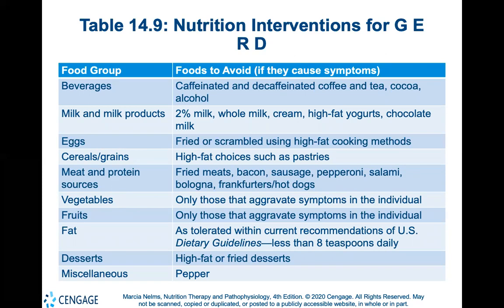Meat and protein sources: fried meats, bacon, sausage, pepperoni, salami, bologna, hot dogs. Vegetables: only those that aggravate symptoms in the individual. Fruits: only those that aggravate symptoms in the individual. Fat: as tolerated within current recommendations of US dietary guidelines, less than 8 teaspoons daily. Desserts: high-fat or fried desserts. Miscellaneous: pepper.